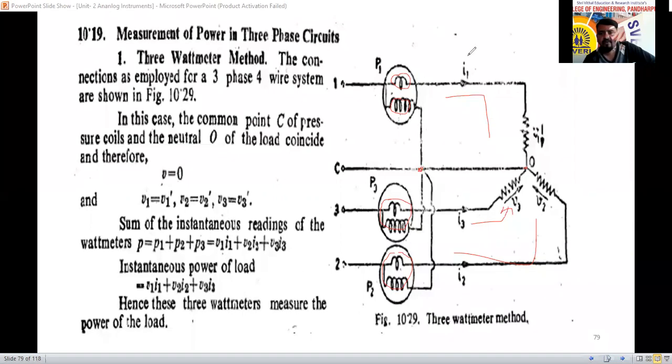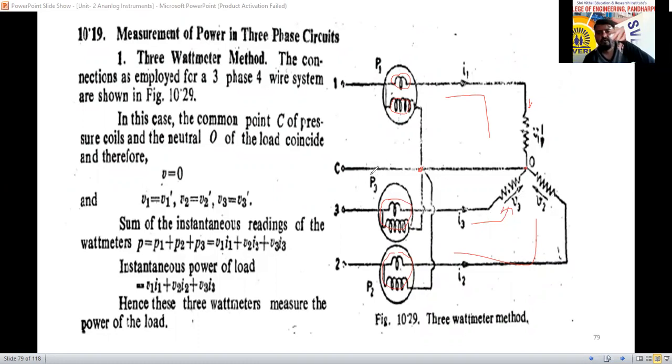So actually P1 equals V1 I1. Both are in the same polarity here now. V1 I1, and P2 equals V2 I2. P3 equals V3 I3.